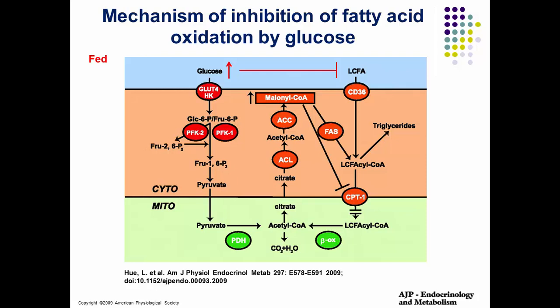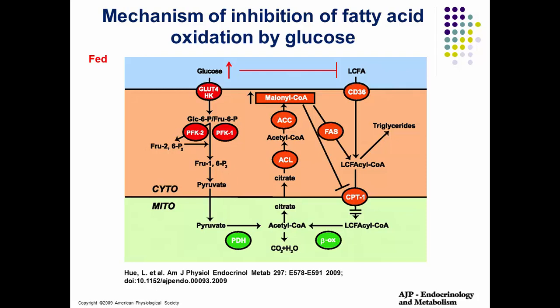When glucose utilization is increased, you have lots of citrate and acetyl-CoA generated in the cytosol, and you also have a lot of malonyl-CoA formed in the cytosol. The malonyl-CoA level is key in the fed condition.